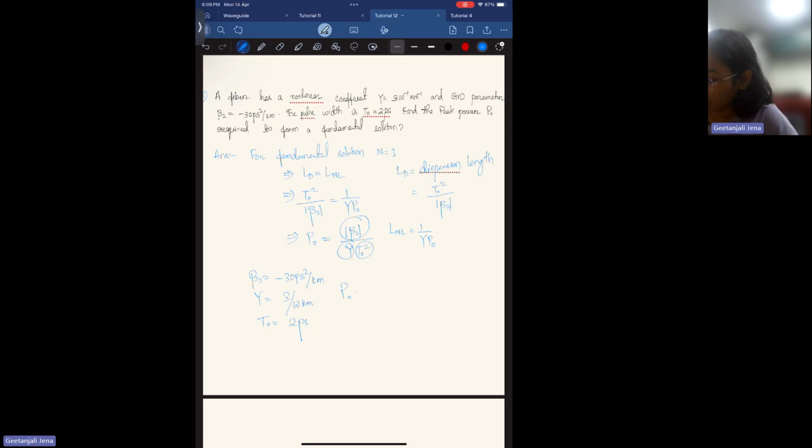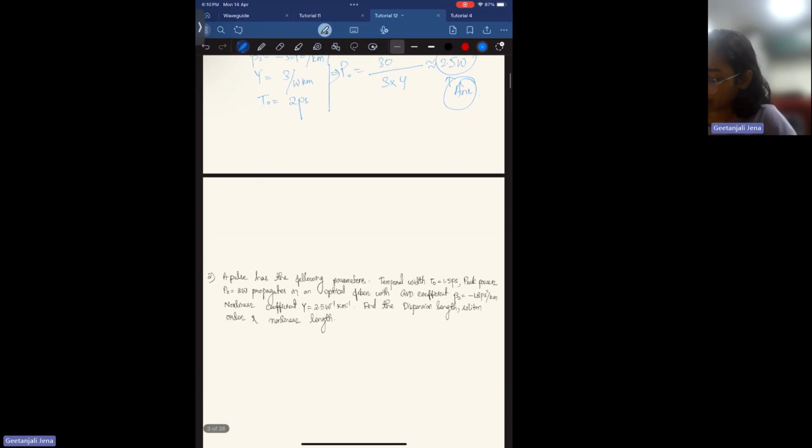So P0 is 30 over 12, which is 2.5 watt. This much power is required to support the fundamental soliton. This is one of the simplest questions.